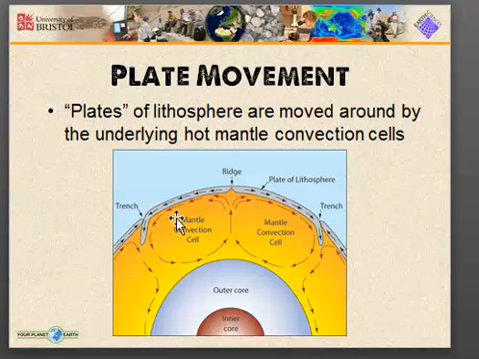We've got convection cells within the mantle moving them, and then we have gravity pulling these plates down. So subduction is when one plate moves under another, and so both convection and gravity are the forces at work making these plates move. Convection is the main force, and then when a plate is subducted, gravity is going to help pull that plate down.